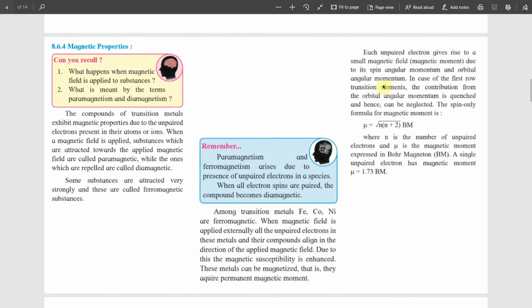Each unpaired electron gives rise to a small magnetic field, a magnetic moment, due to its spin angular momentum and orbital angular momentum.